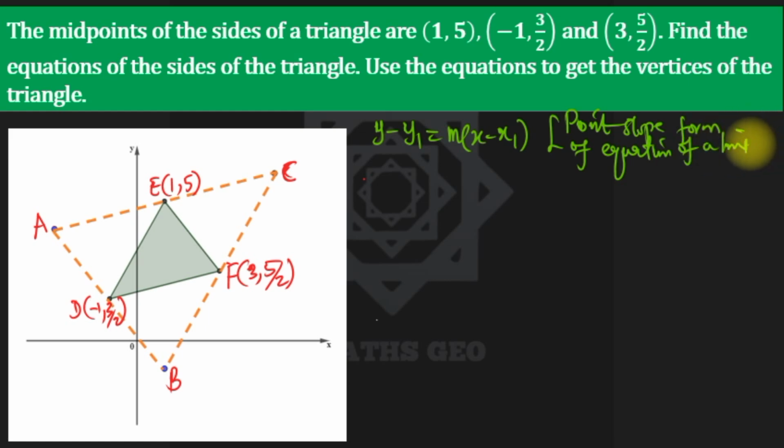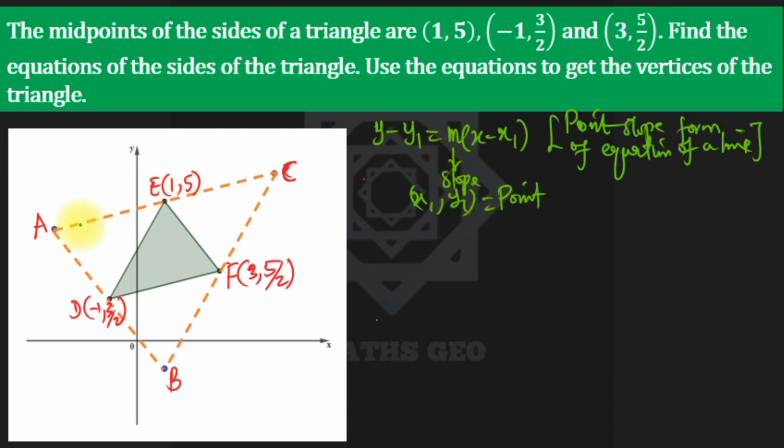So in the equation, m is the slope, and (x1, y1) is the point the line passes through.